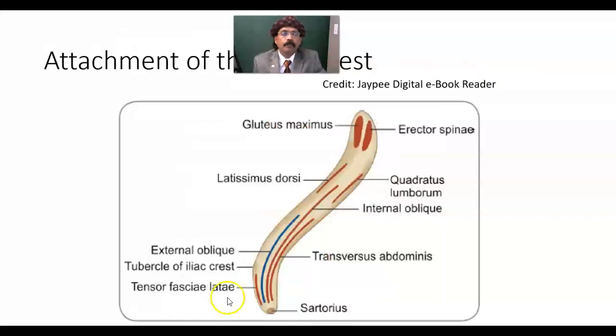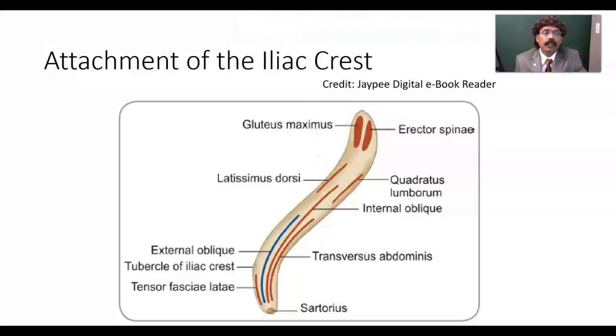Now we'll again put emphasis on the iliac crest. This is the iliac crest. It has a ventral segment and a dorsal segment. Ventral segment is 2/3, dorsal segment is 1/3. It has an outer lip, inner lip, and intermediate area.